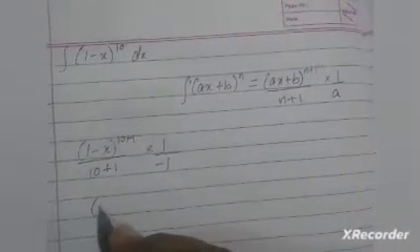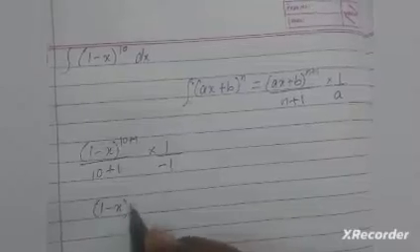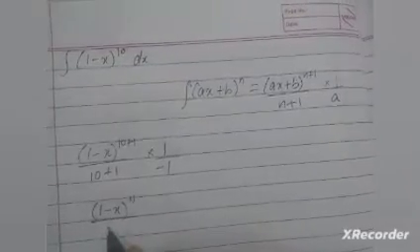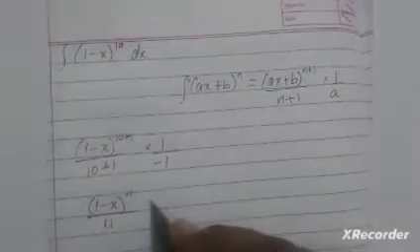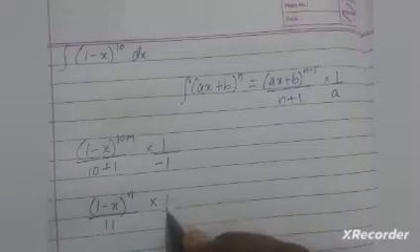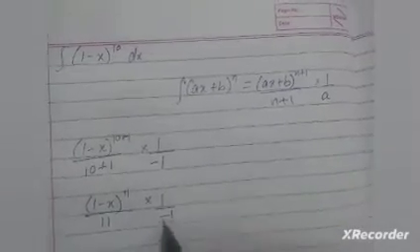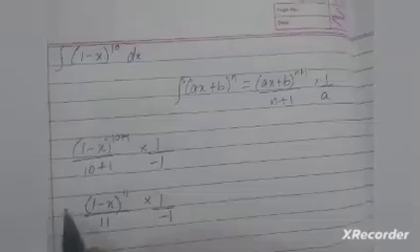So 1 minus x raised to 11 upon 11 into 1 upon minus 1. We can take this negative sign here, so it becomes minus 1 minus x raised to 11 upon 11 plus c.